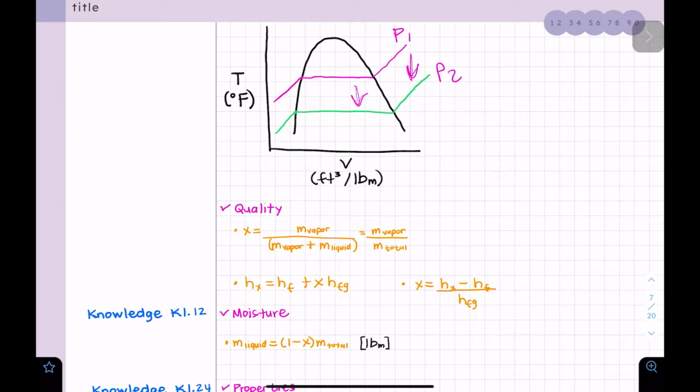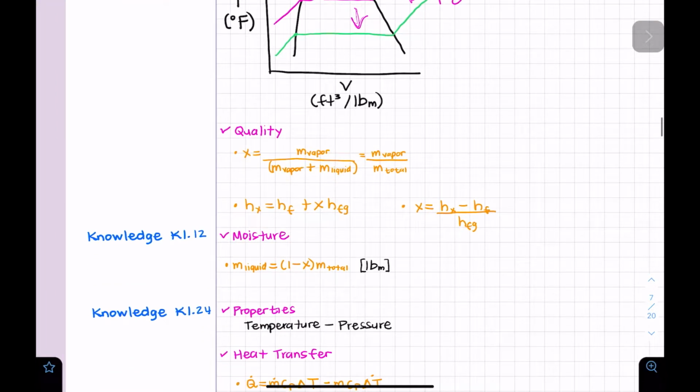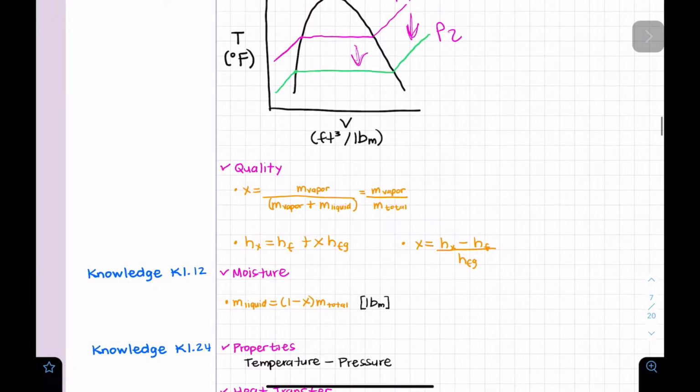Then we're going to be able to use this formula to calculate quality. To calculate the quality, we're given a certain mass of vapor over total mass. That's what gives us the quality number.